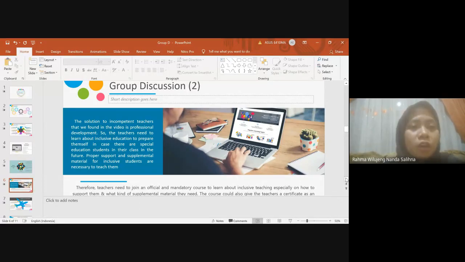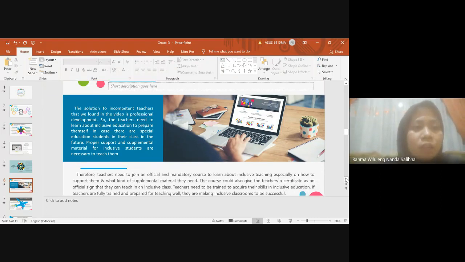Proper support and supplemental material for inclusive students are necessary to teach them. Therefore, teachers need to join an official and mandatory course to learn about inclusive teaching, especially on how to support them and what kind of supplemental material they need.